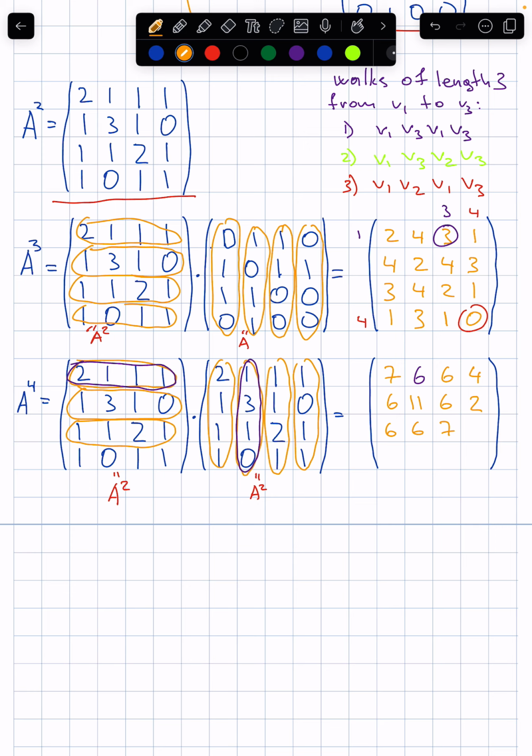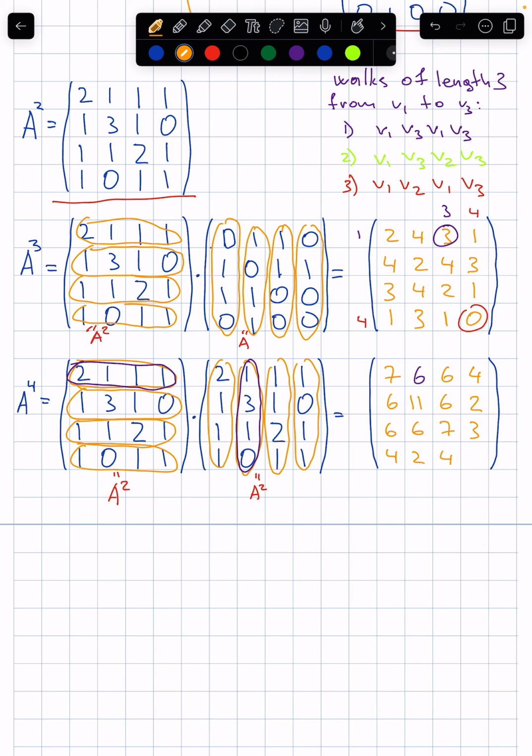And by the last one, it's a 3, right? So 1 plus 1 plus 1. Okay, and finally, the last row here. So we got 2 plus 1 plus 1, so that's a 4. Then we got 1 plus 1, 2. And then finally we get 1 plus 2 plus 1, so that's a 4.